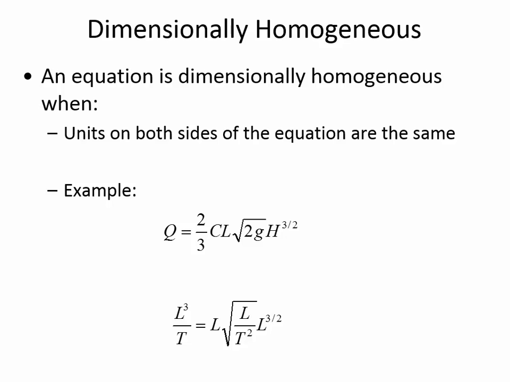So let's take, for example, this formula, which you'll see again next semester when you talk about flow over a weir. If there's water flowing over the edge of some barrier, then this equation can tell you how much water there is. What's the flow rate?